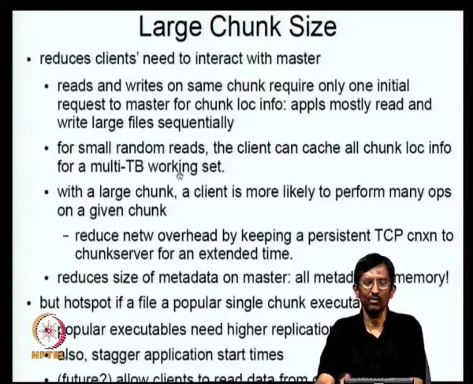It might be in the region of, let us say, millions at the most, okay. And if you have a million chunks, and each chunk location information is some tens of bytes, then it is still feasible for you to cache it, okay. It is definitely possible to cache it.